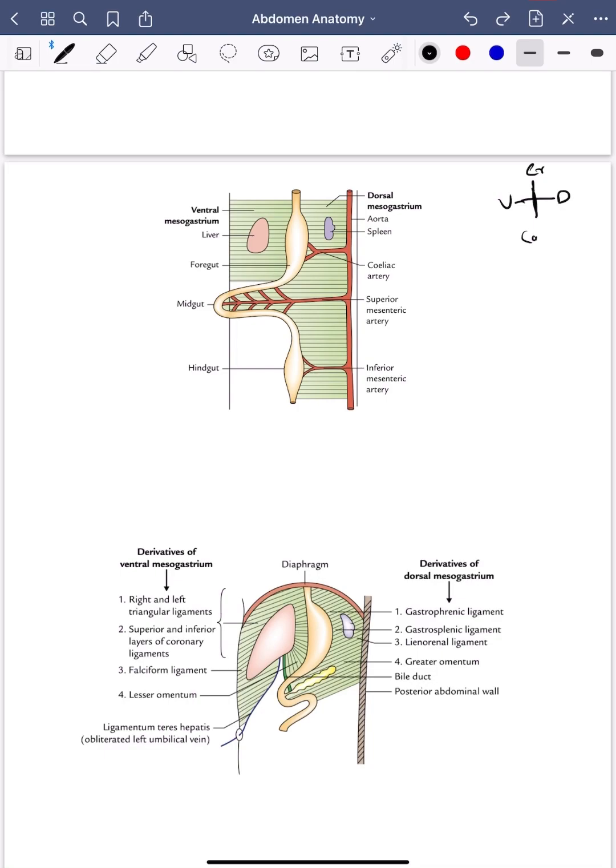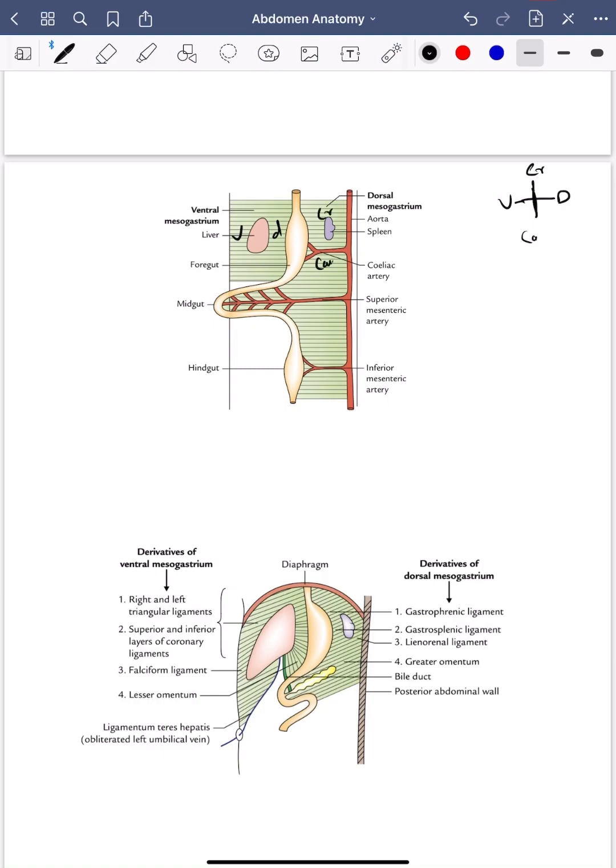Now the liver and spleen have their own embryological developmental sources, and what happens is, because of the developing liver, the ventral mesogastrium is divided into a ventral and a dorsal part, and the dorsal mesogastrium is divided into a cranial and caudal part.